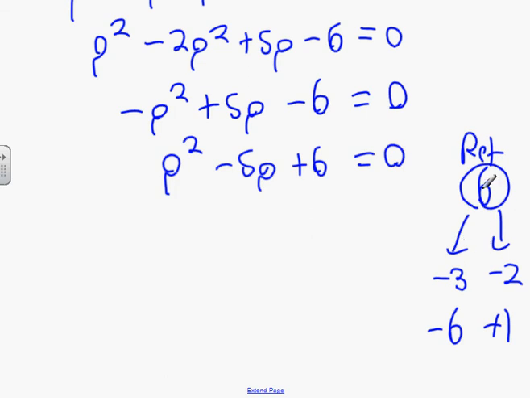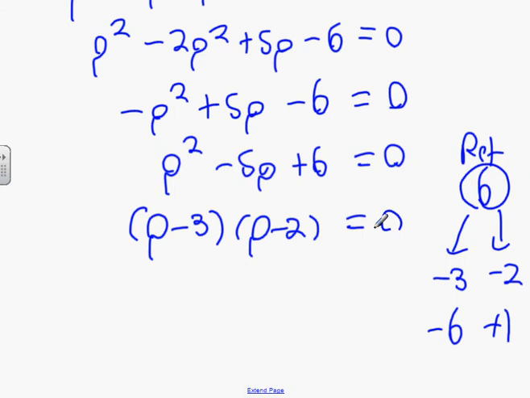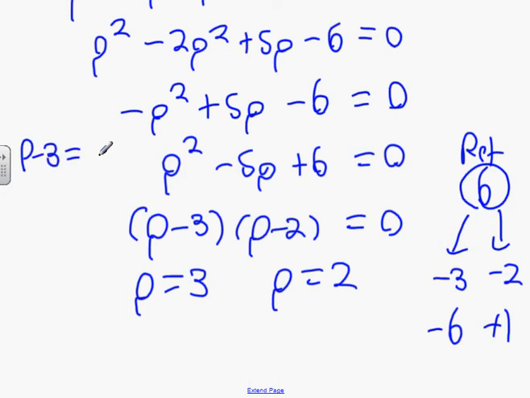If it's a minus reference number, you have 1 minus, 1 positive. If it's a positive reference number, it's either 2 minuses or 2 positives. Okay? So that's where it's P minus 3, P minus 2 equals 0. Sorry, skip the step. P minus 3 equals 0 and P minus 2 equals 0. You bring them over to your side and you get P equals 3, P equals 2.